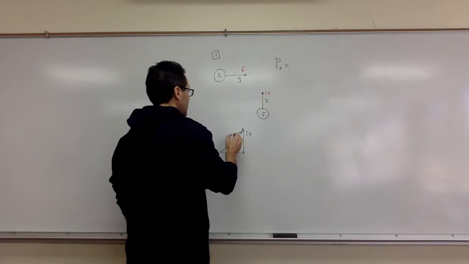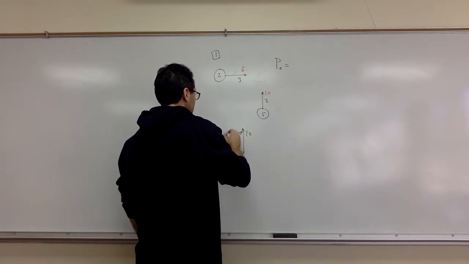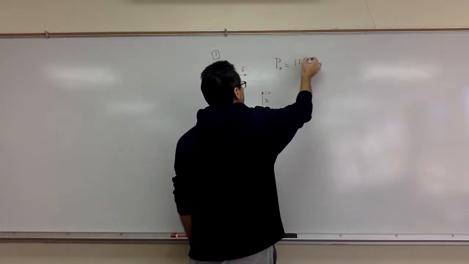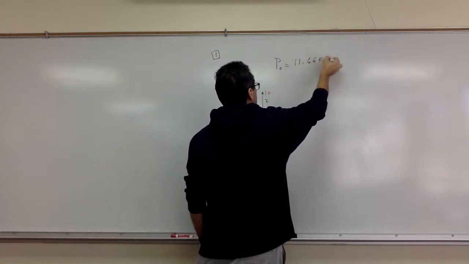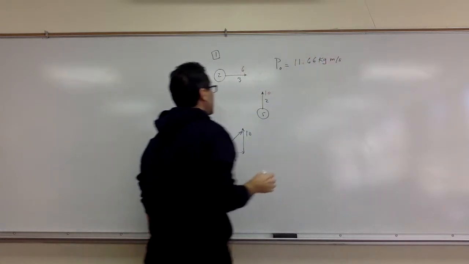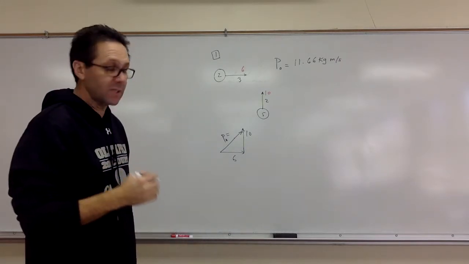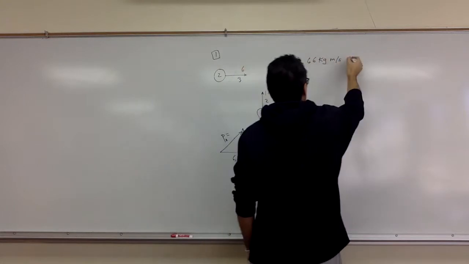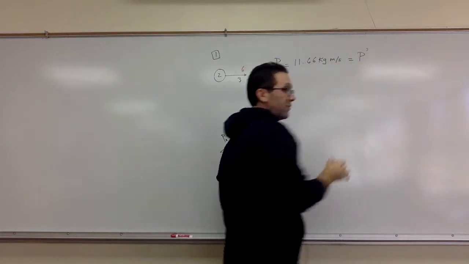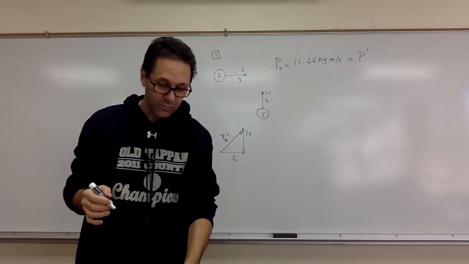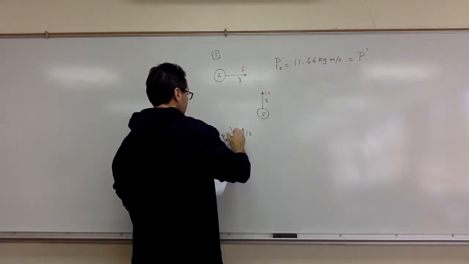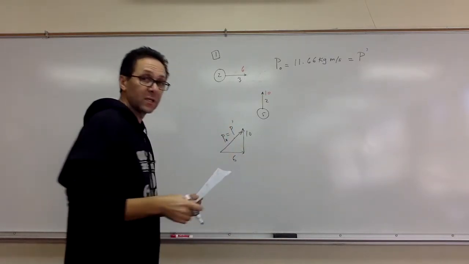If you figure this out, that's your initial momentum, and we should get 11.66 kilograms meters per second. Now let's say these 2 objects stick together, so they become one. This initial momentum should equal the final momentum. So this is also going to be the final momentum, because they stuck together.